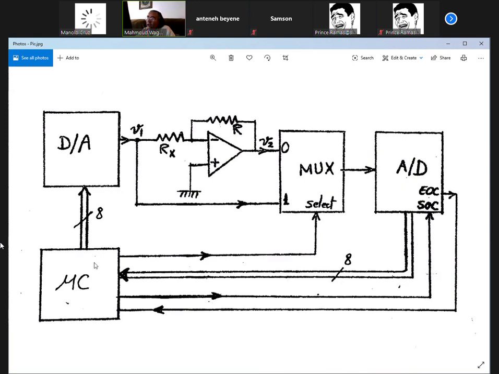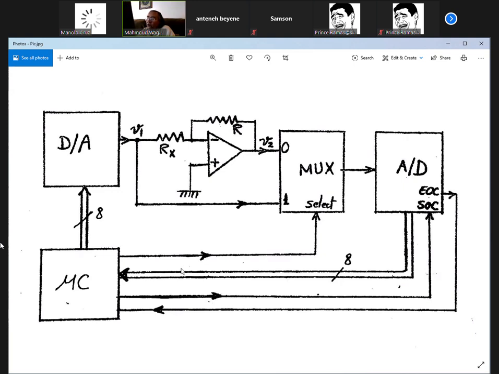So the accumulator, the machine or the Dragon or whatever, is going to have 2 values now. We have read the value of V1 and we have read the value of V2. And we know R, so the only unknown left is Rx.